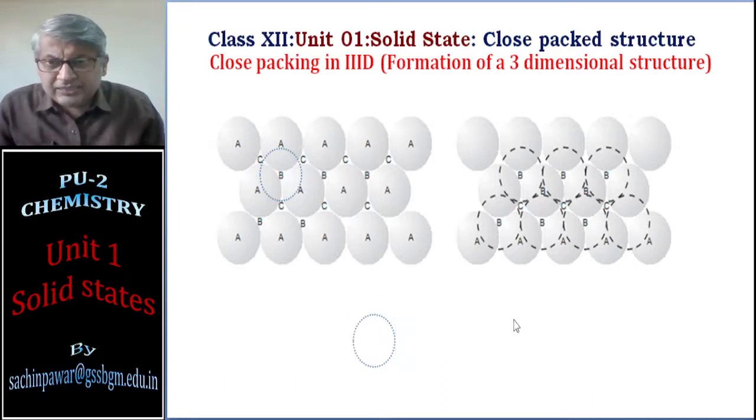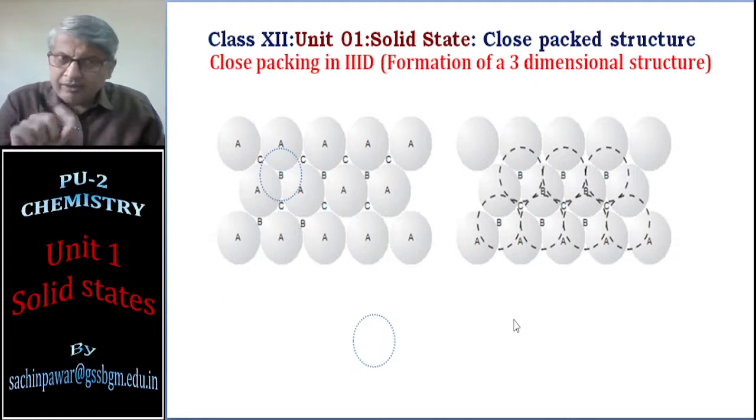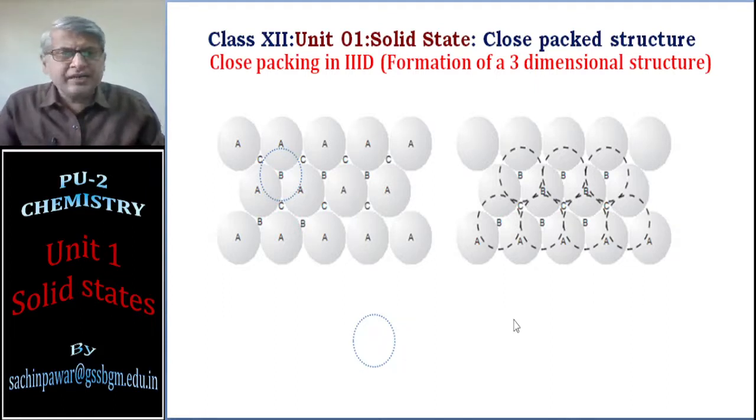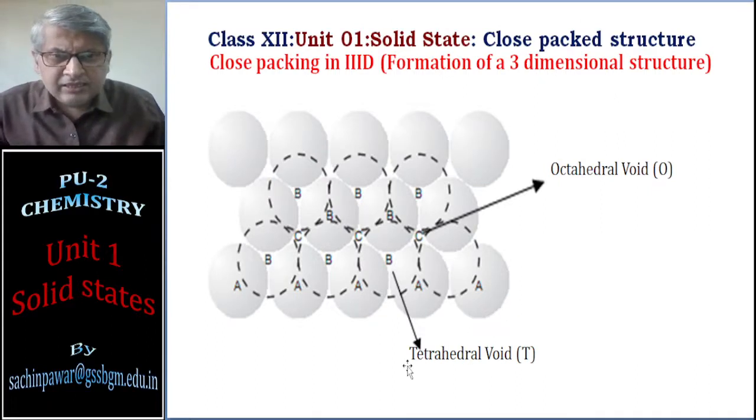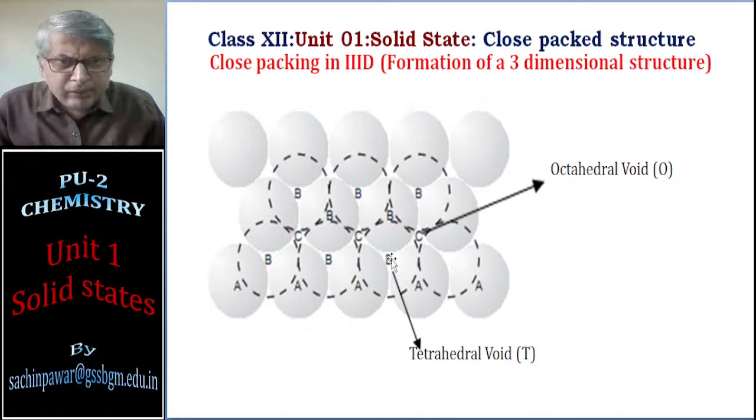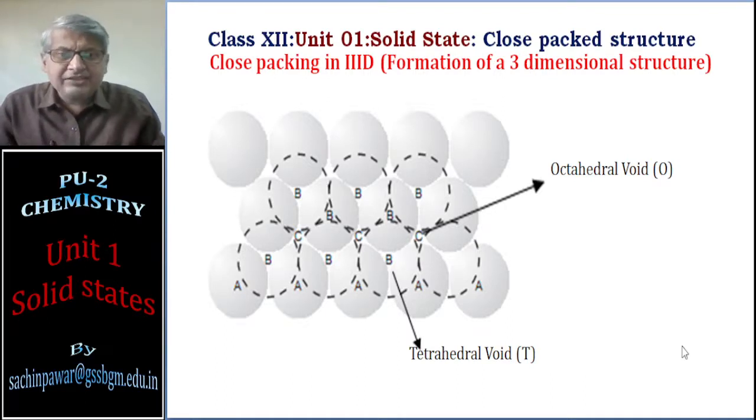After formation of the second layer, you see what kind of voids are created. If you look at those voids, you see the void highlighted as B, this void, and the void highlighted as C. These two voids are of different kinds.